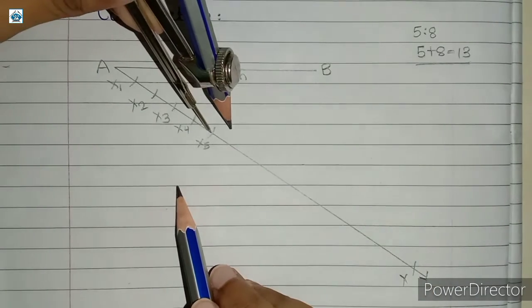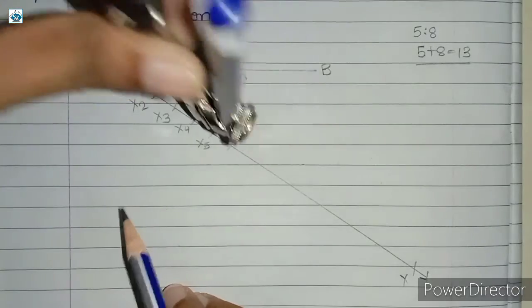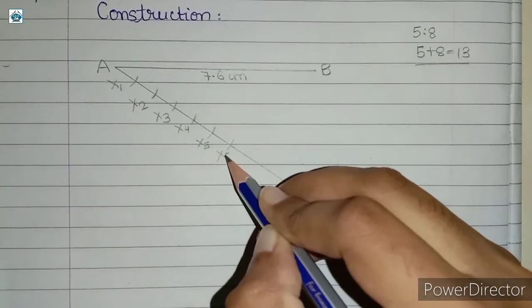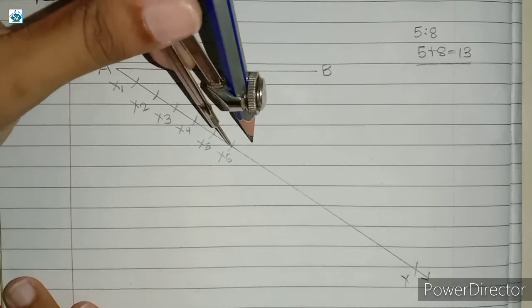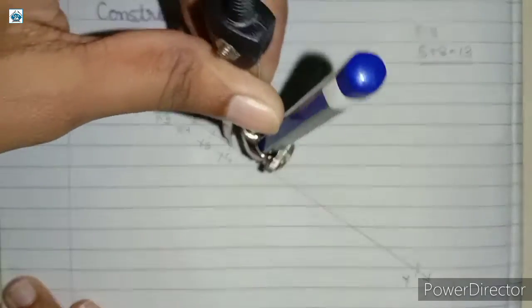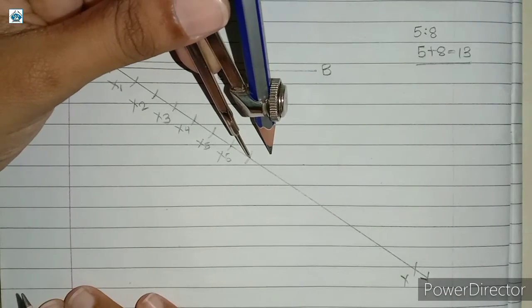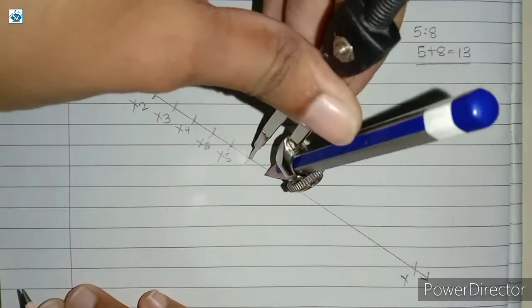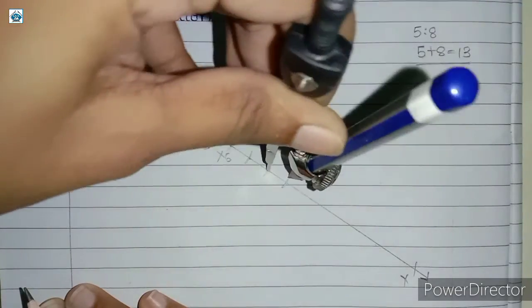Now keep the pointer at this point of intersection and draw another arc like this and name it x6. So like so we have to make 13 divisions with the same measurement. Remember that you should not change this distance because the distance should be fixed. All the 13 divisions should be of equal measurement.